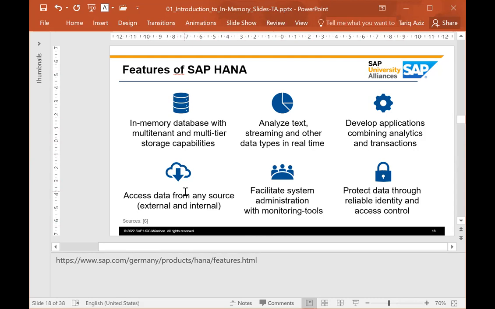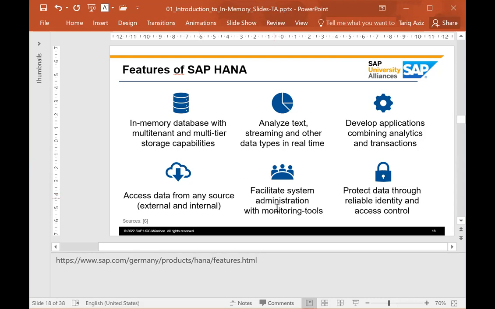You can access data from any source, internal or external. You have data in Excel, no problem, you can import it. You have data in XML format, no problem, you can import it to HANA. You have it in a text file in Notepad, no problem, you can import it. You have data in another database, no problem, you can access data from any source.